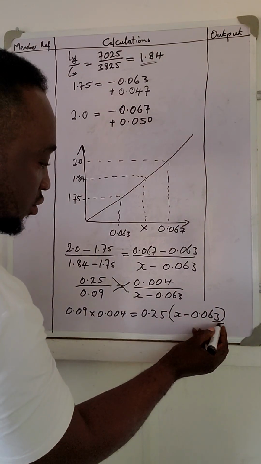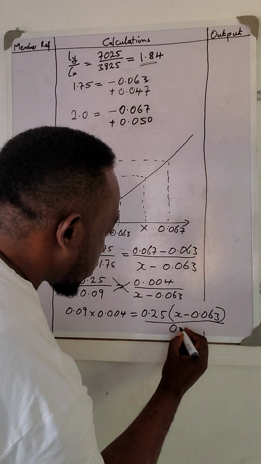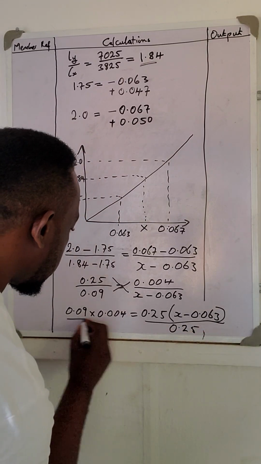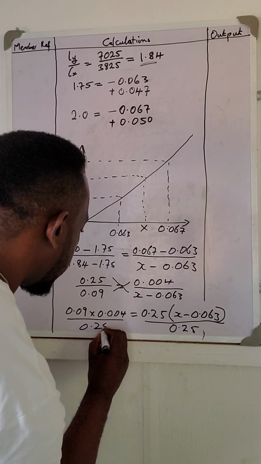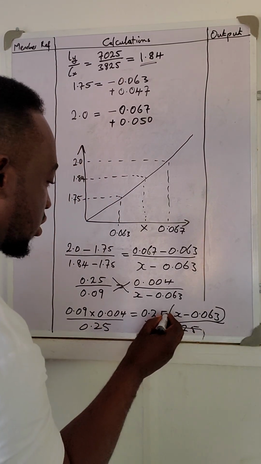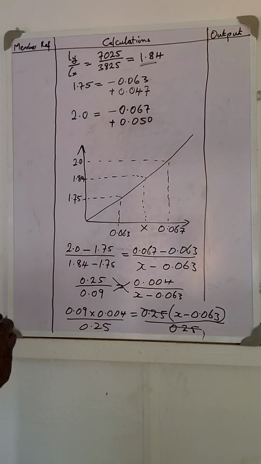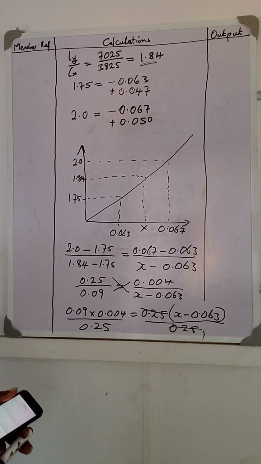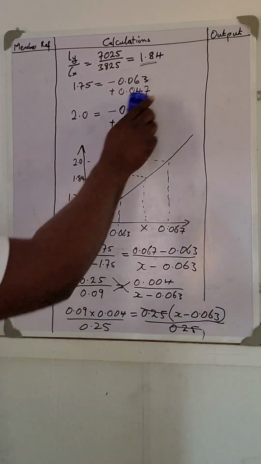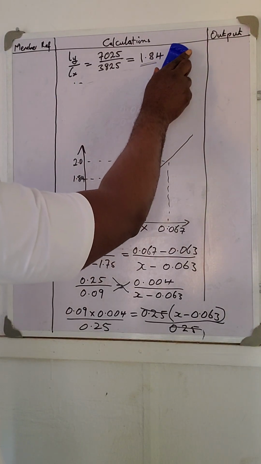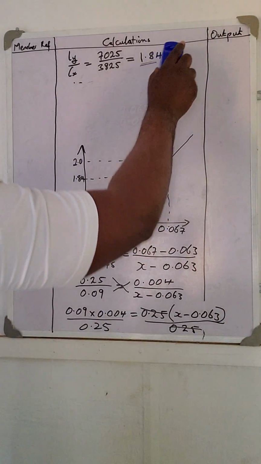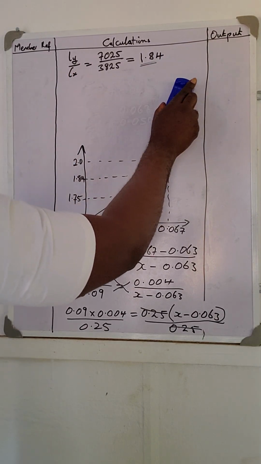When I do that, I have 0.25 over 0.25. Now I have this divided by this. Then I will now compute the left hand side.